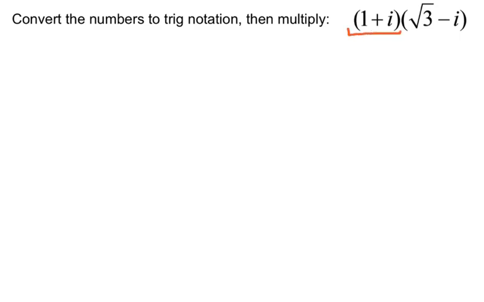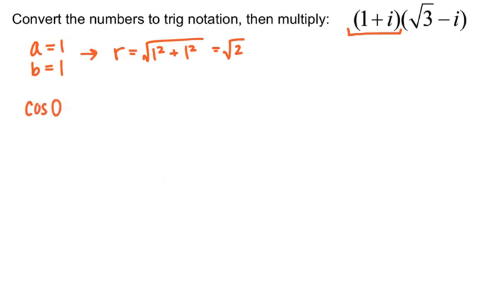So this first one here, 1 plus i, converting that into trig notation, I have that a is 1 and b is 1. So that means that r is the square root of a squared plus b squared, 1 squared plus 1 squared, or r is root 2. And then we have cosine theta is 1 over root 2.